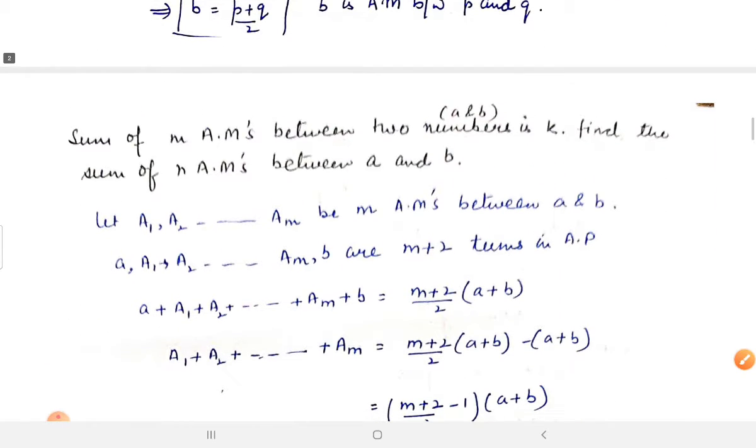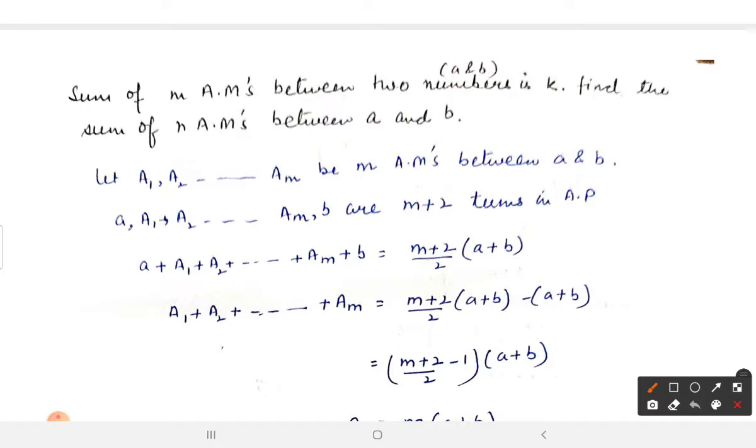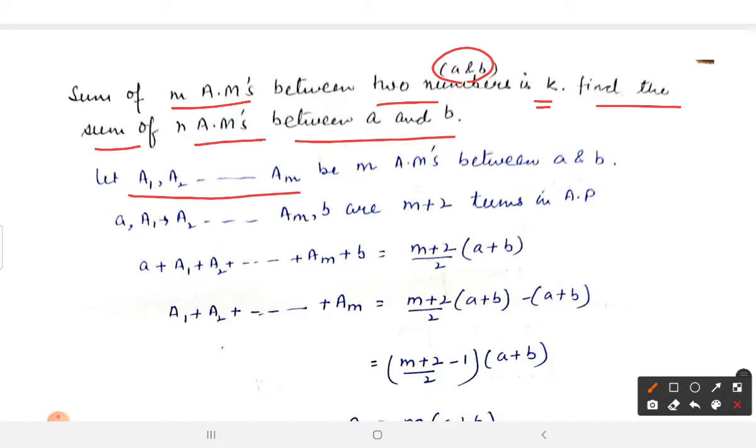Next, the sum of m arithmetic means between two numbers A and B is K. Find the sum of n arithmetic means between those same numbers. Let us first find the sum of m arithmetic means between A and B. Let A1, A2, up to Am and B be m + 2 terms of an AP.